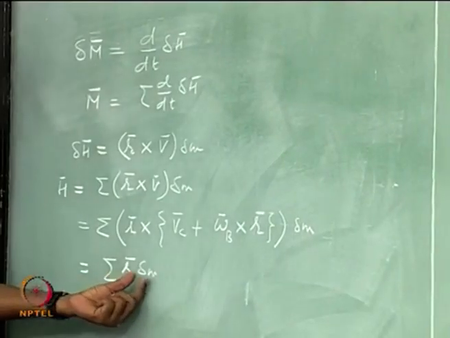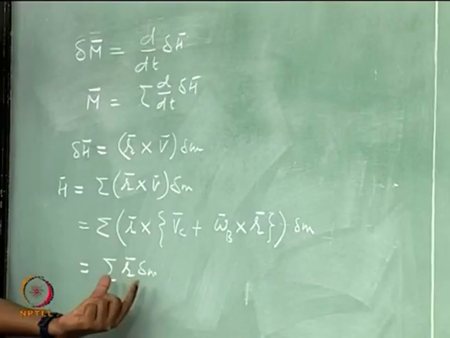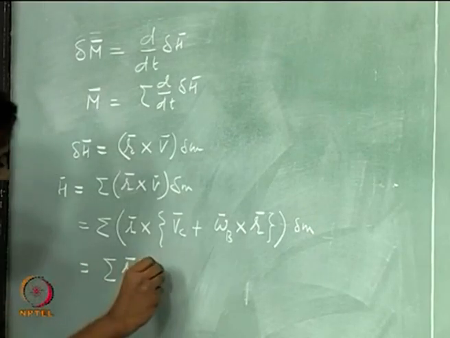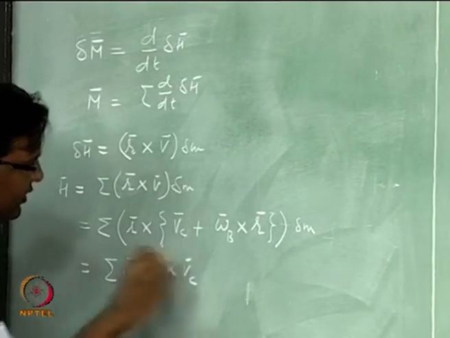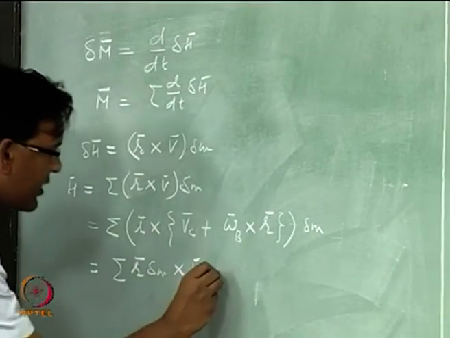So, R depends upon this mass m. So, I am clubbing these two together, and Vc is actually independent, right. This is the velocity of the center of mass. So, we can keep it separate.